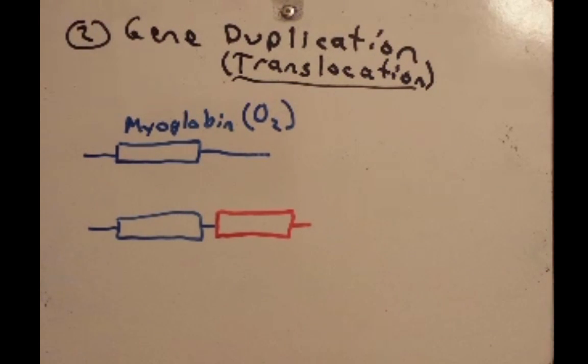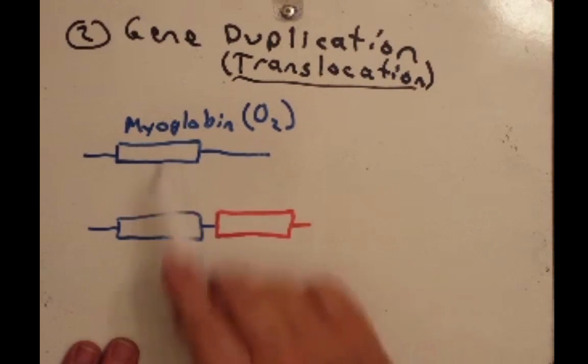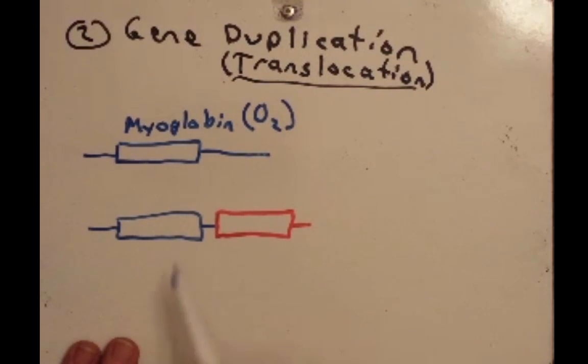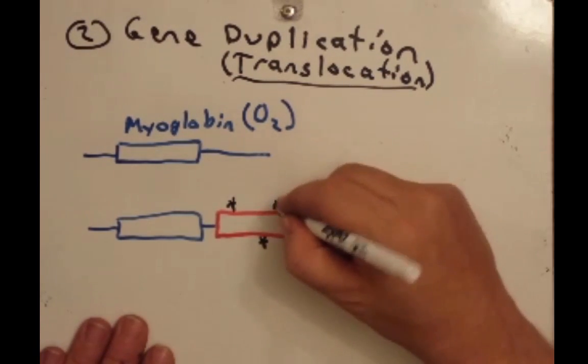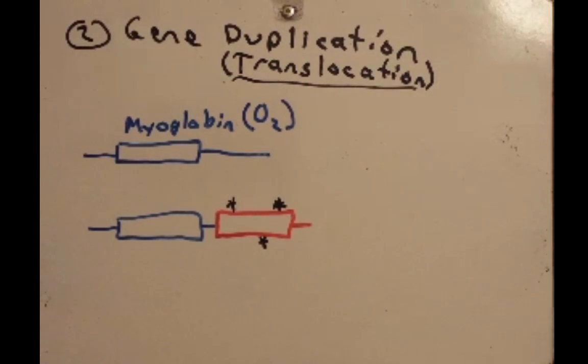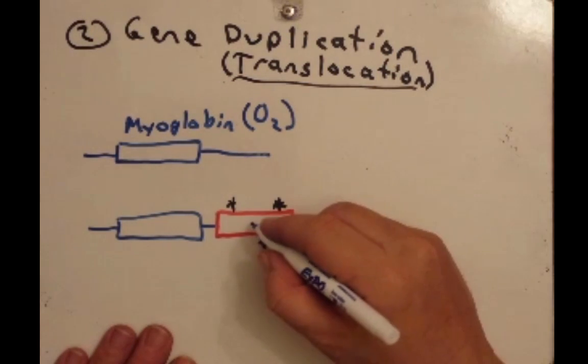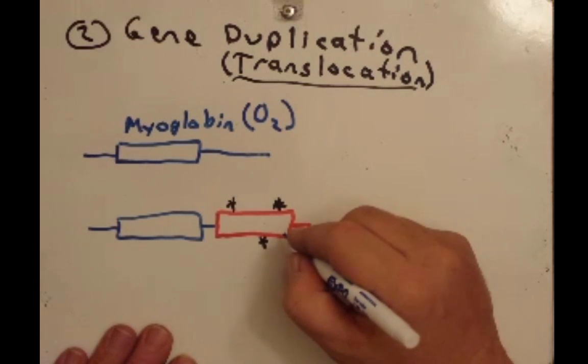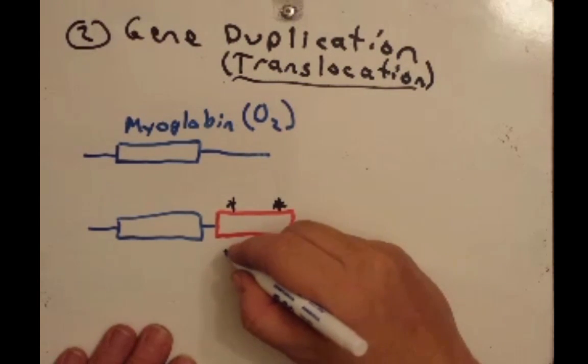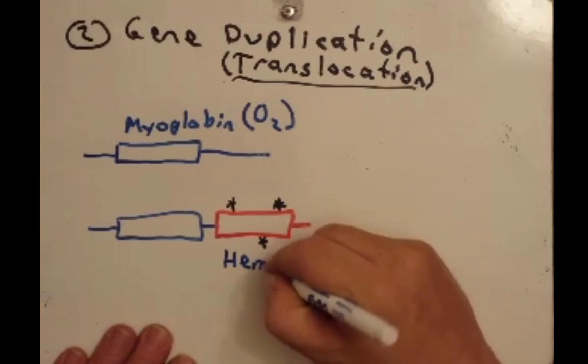Well, I should say we don't. We need something else. But the ancestral organism only needed one of these. When we duplicated it, shown here, it could now accumulate mutations. As it accumulated mutations over many generations, this duplicated myoglobin gene gained a new function and became hemoglobin.